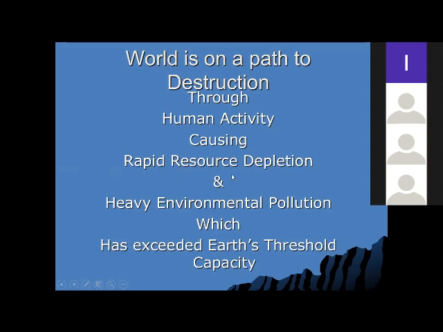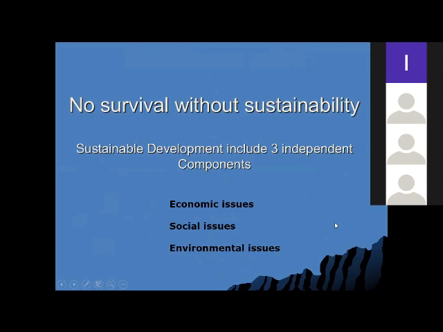In other words, we use more resources than we should, and heavy environmental pollution, land, air, all that, which has exceeded Earth's threshold capacity. It's a situation where things are getting bad for us. Okay, we should know that there's no survival without sustainability.